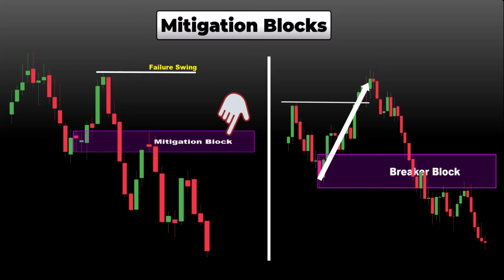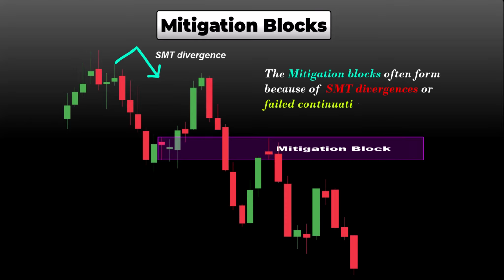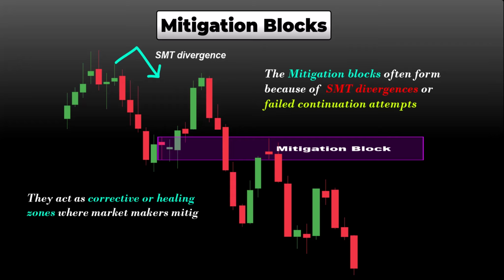You'll often see the price tap these zones multiple times before finally expanding. The mitigation blocks often form because of SMT divergences or failed continuation attempts, making them useful PD arrays to watch. They act as corrective or healing zones where market makers mitigate the excess created by previous aggressive moves before the next expansion.